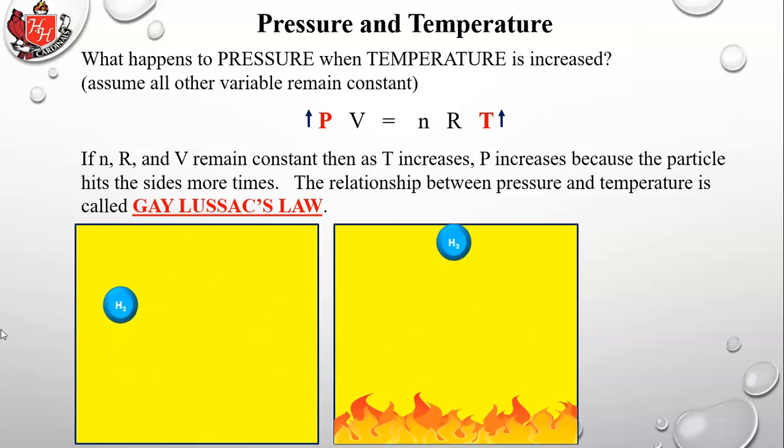Increasing temperature causes the particle to move faster. And that means it's going to hit the sides of the container more often than the one on the left. So the pressure is going to be increased. Pressure is how often that particle hits the sides of the container. So the relationship between pressure and temperature is called Gay-Lussac's law.